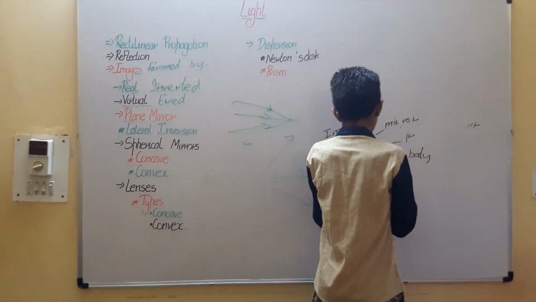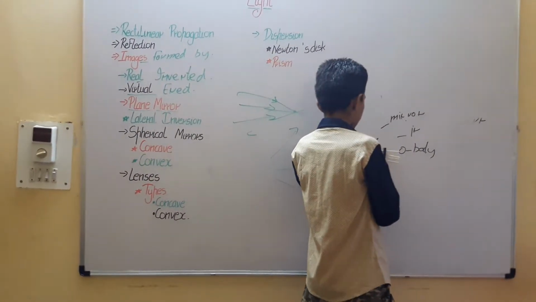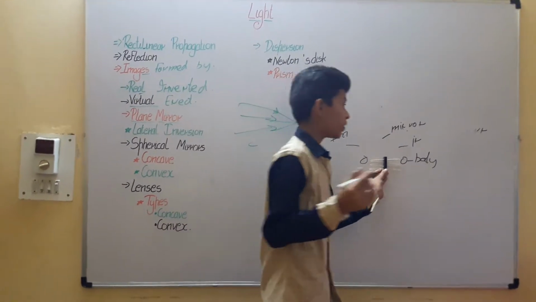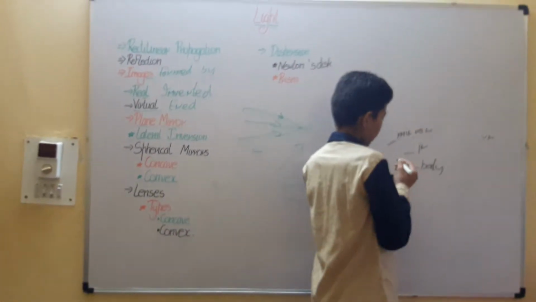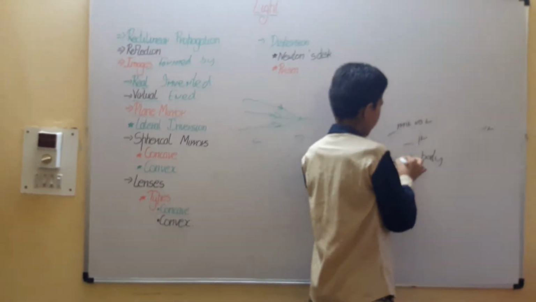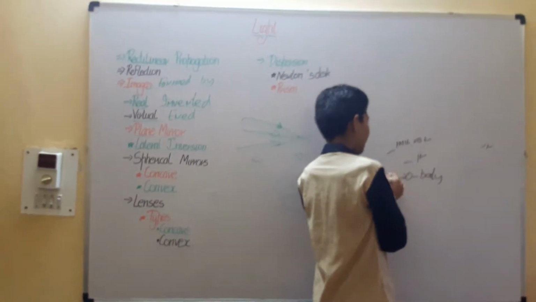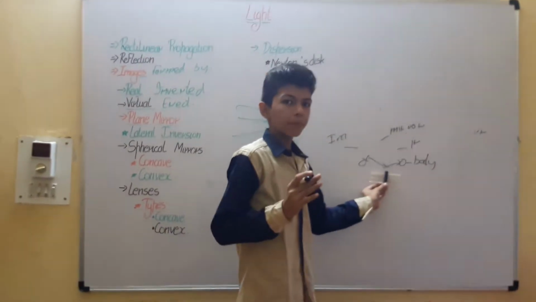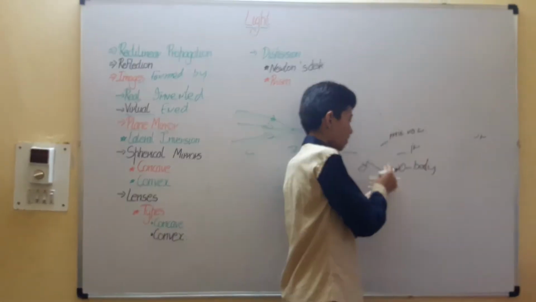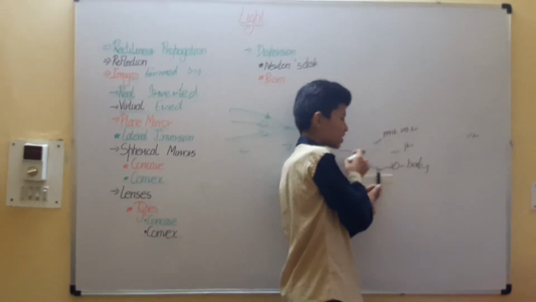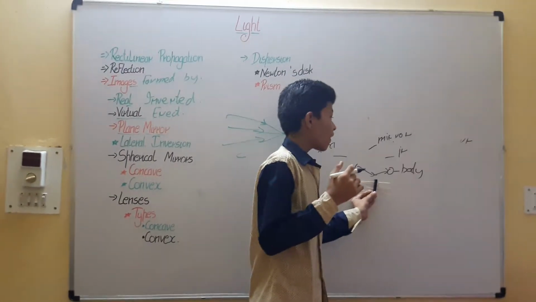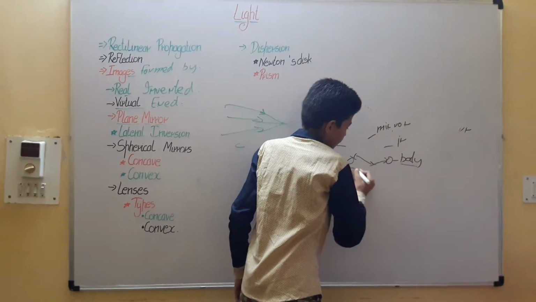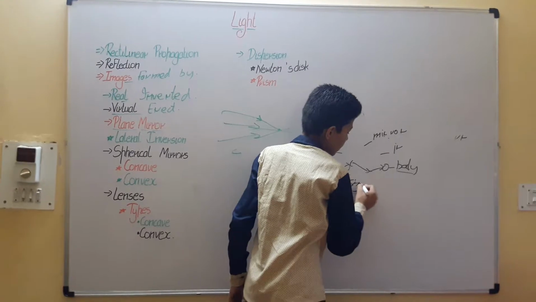So the image would form at A, say. The characteristics of this would be that the distance between the body and the mirror and the distance between the image and the mirror would always be the same. Because this distance and this distance are always the same, and the size of the image is also always the same.